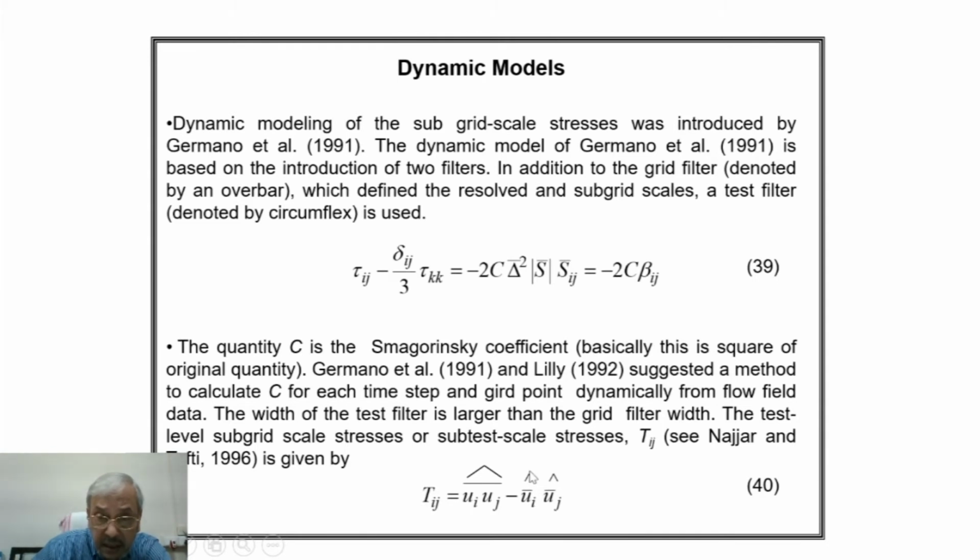The bar and circumflex together basically mean averaging over the test filter size. The test filter has a dimension larger than the grid filter.